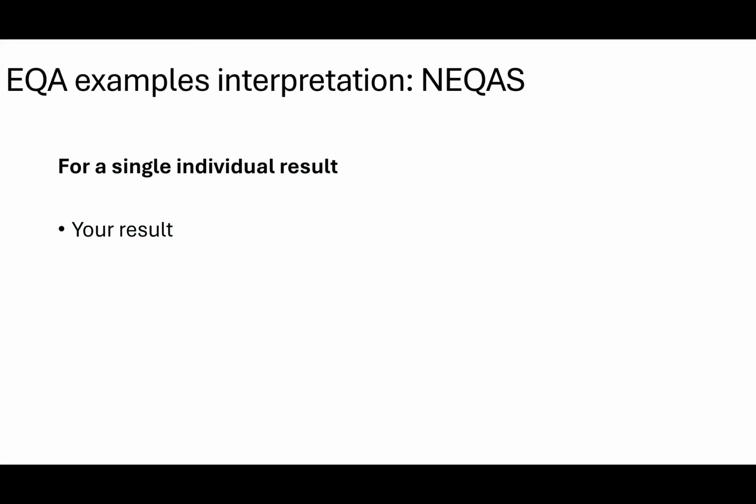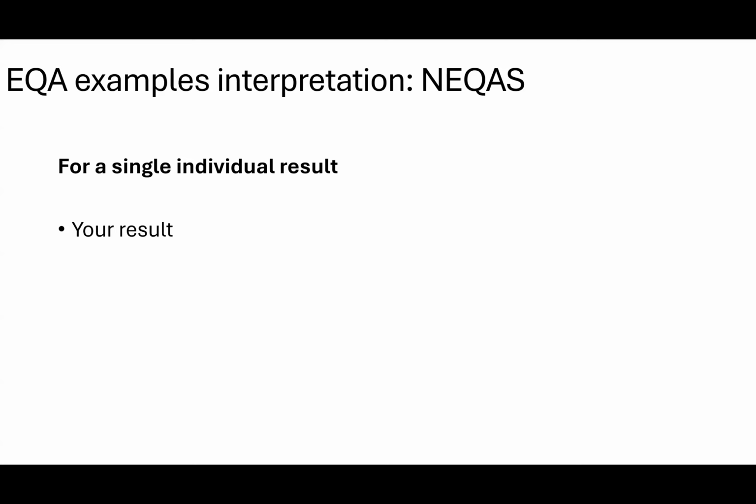So let's just spend the next few minutes talking about how I might interpret my EQA report. And I'm going to focus on NEQAS just because that's one of the biggest schemes in the UK. But all of the schemes have a similar way of looking at the results. It just may be that they have slightly different names or slightly different calculations. So in NEQAS, if you've got your single individual result, what do you get?